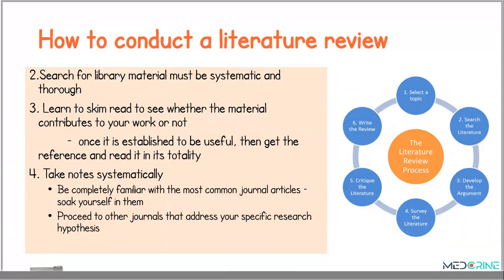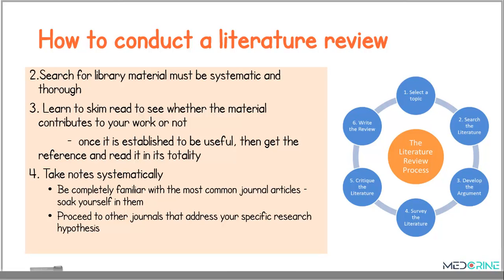And then we need to search for library materials, which must be systematic and thorough. After doing that, we learn to skim-read to see what the material contributes to your work or not. And once it is established to be useful, then get the reference and read it in its totality.